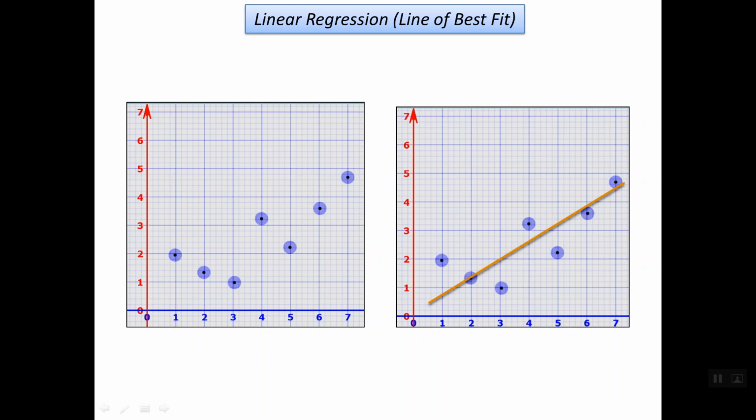So as you see here, if you try to count the number of plots over this line, we have 2 plots, and also we have 2 plots below this line. So this is the line of best fit that can combine all of these points.